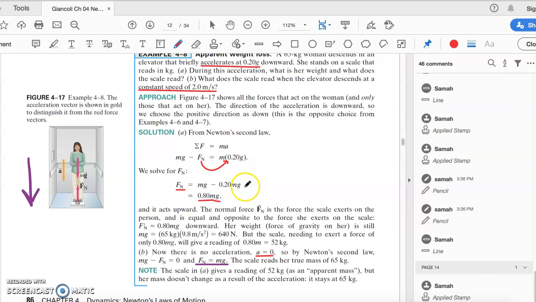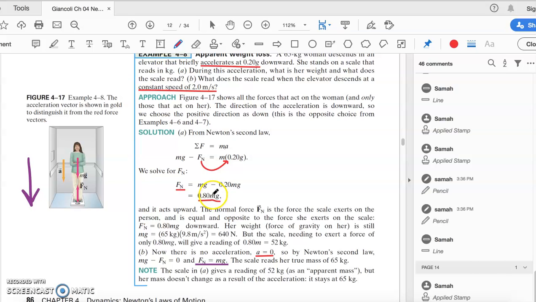The example prefers to keep mg because it's common. Do you know how he got the 0.8 here? It is 1 minus 0.2, which is equal to 0.8. So it's 0.8 mg.